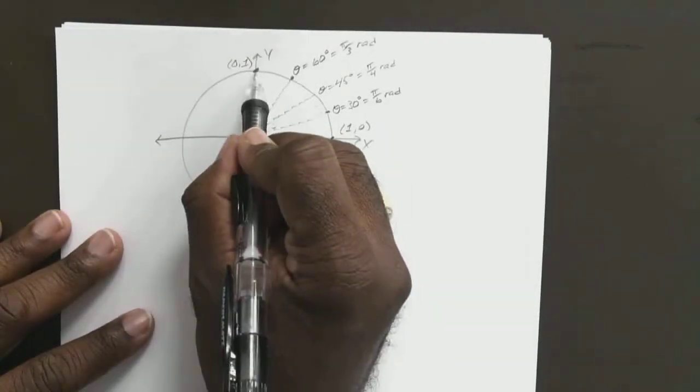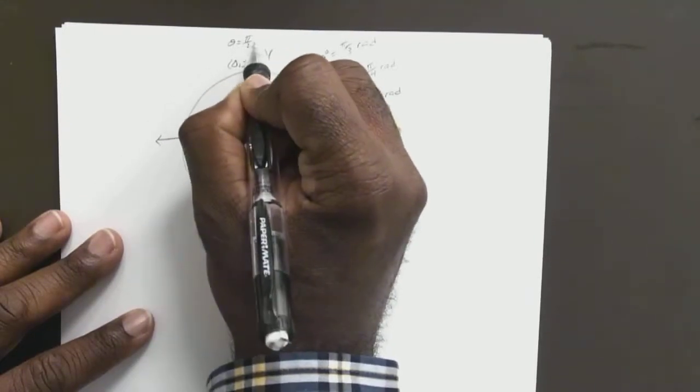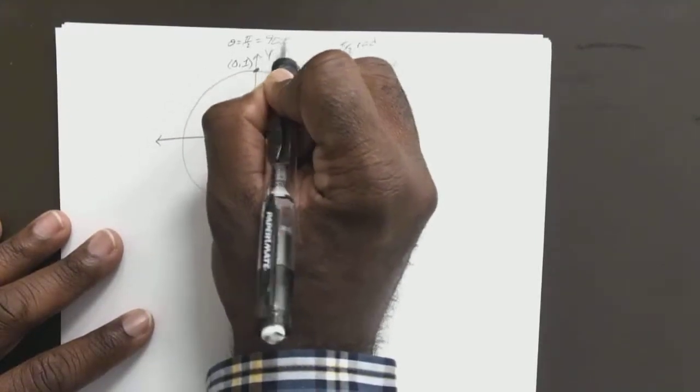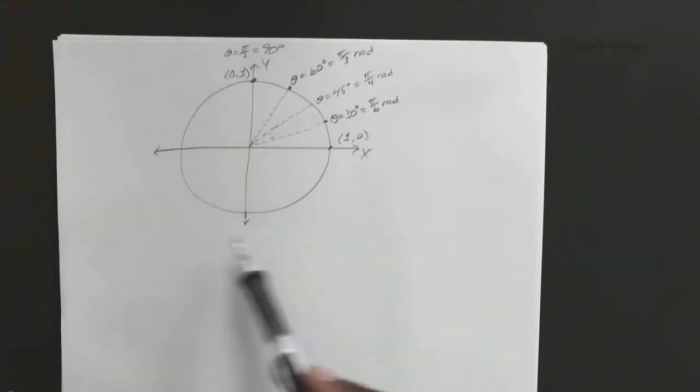And we know here, if we swing it all the way up to the top, theta equals pi over 2 radians, or 90 degrees. Okay, so for right now, we're just going to worry about those only because we can fill in the rest later, because all the other quadrants are somewhat mirror images of that first quadrant.